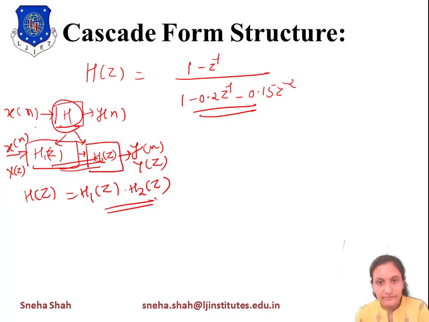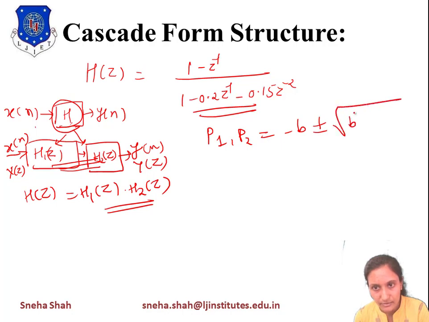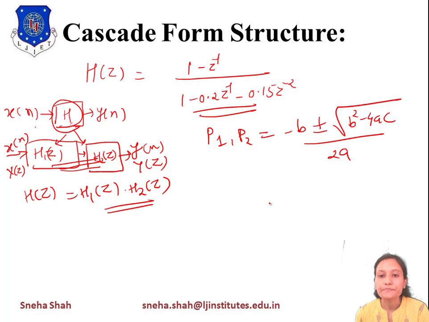For this, the first rule is that we divide the denominator part into two parts. We find the two roots of the denominator, the poles p1 and p2, using the equation minus b plus or minus under root b square minus 4ac upon 2a.